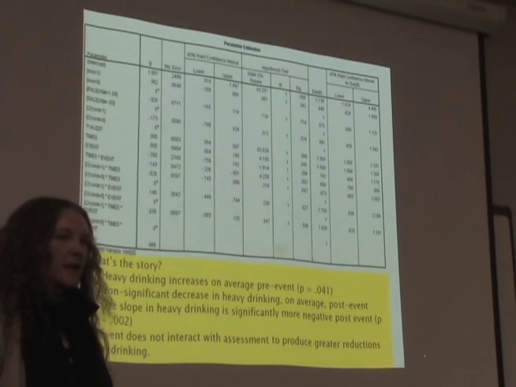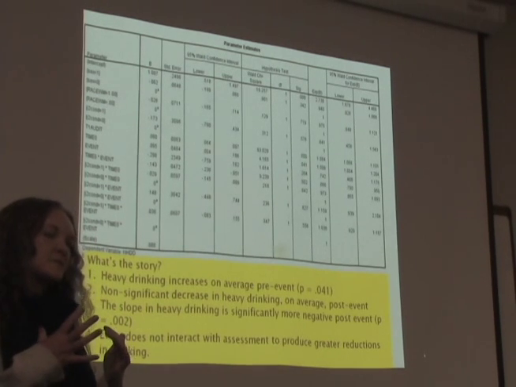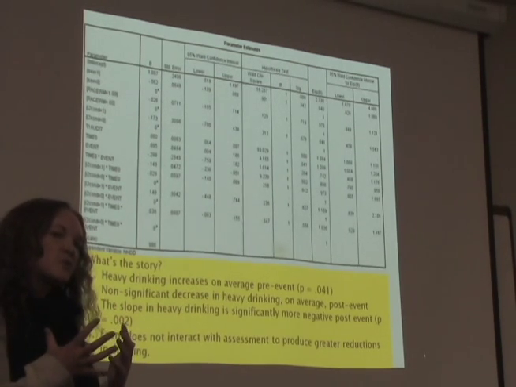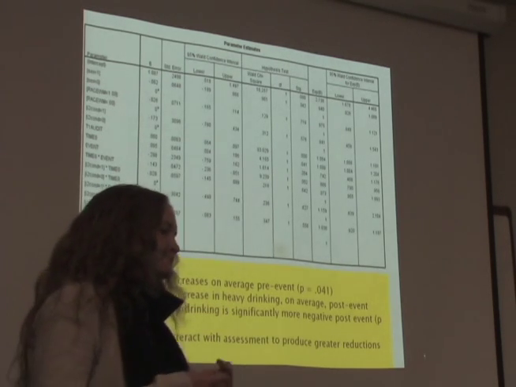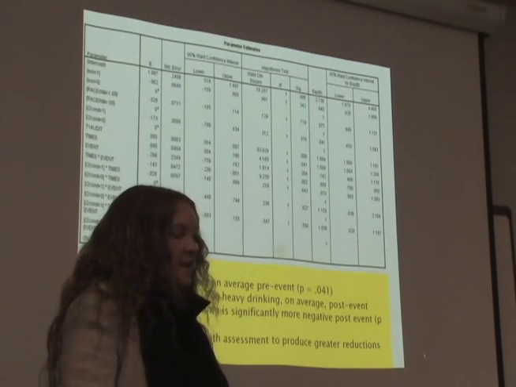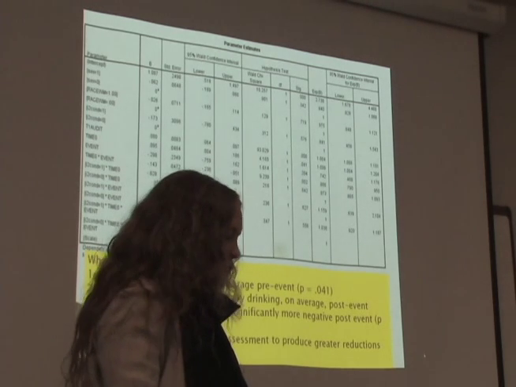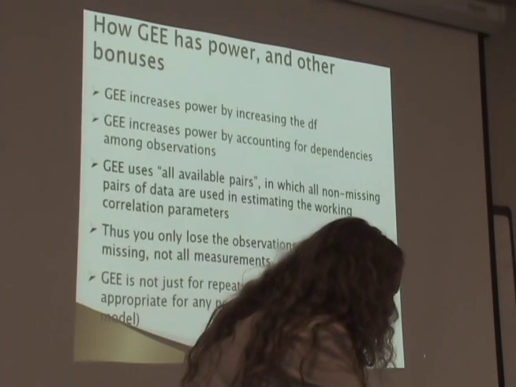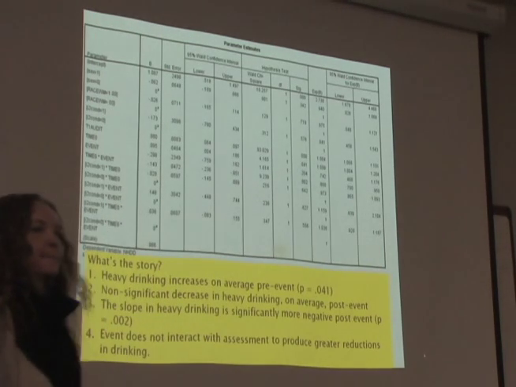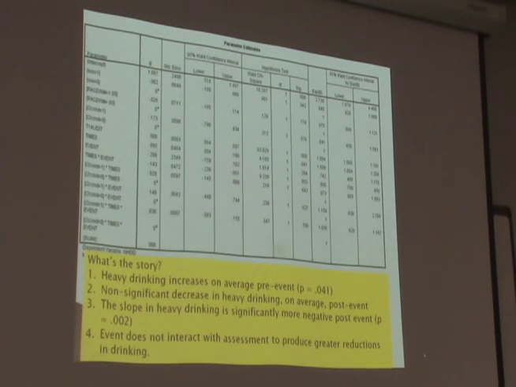Mostly we thought that the events themselves weren't necessarily strong enough, or perhaps too variable. But then again, do you want assessment reactivity or not? Let's see. Any questions on that? I know it's a lot to look at.